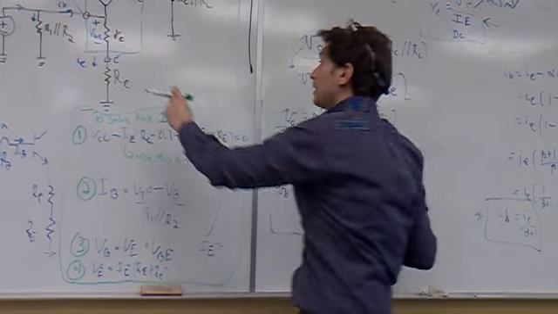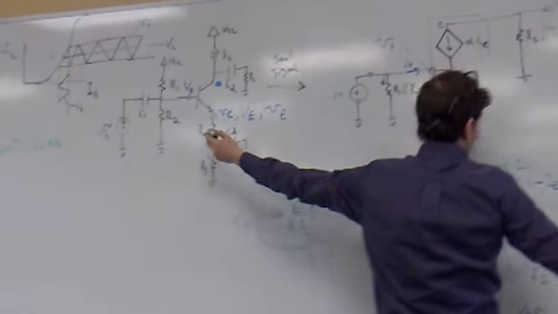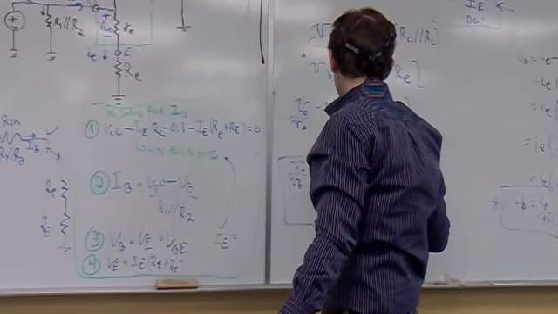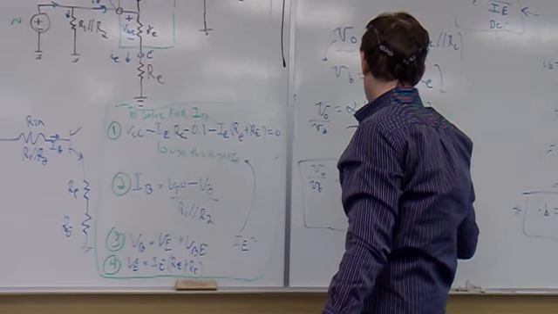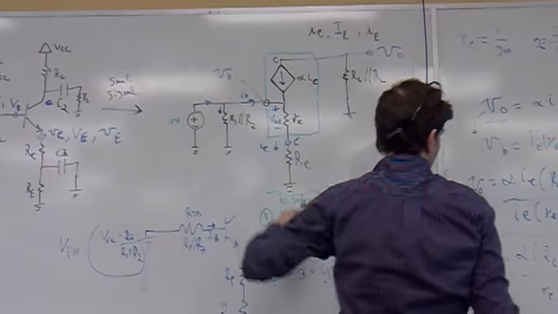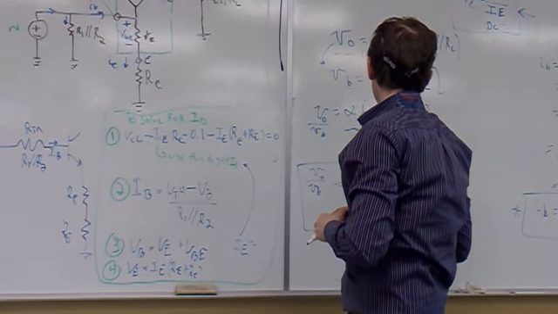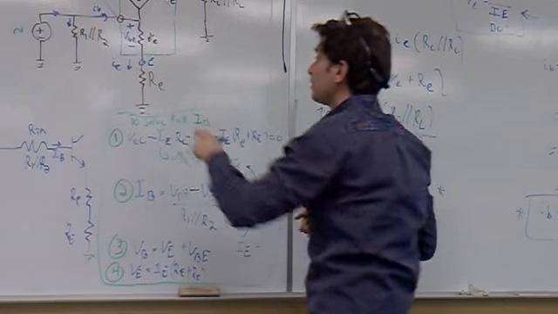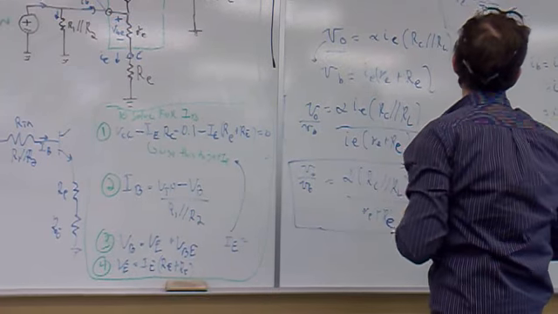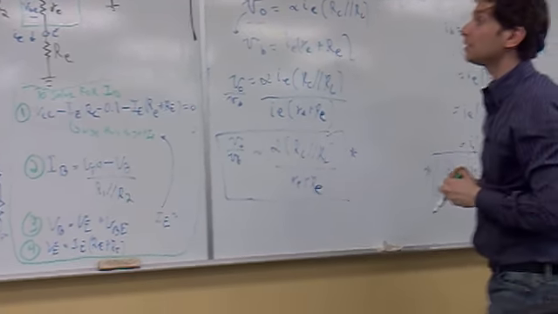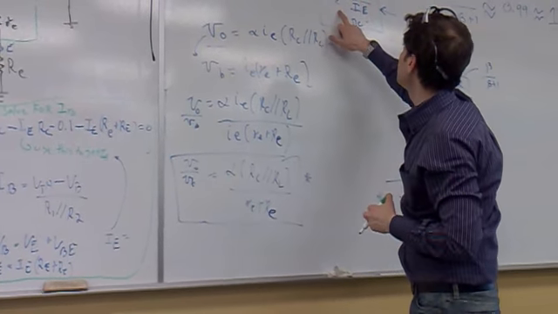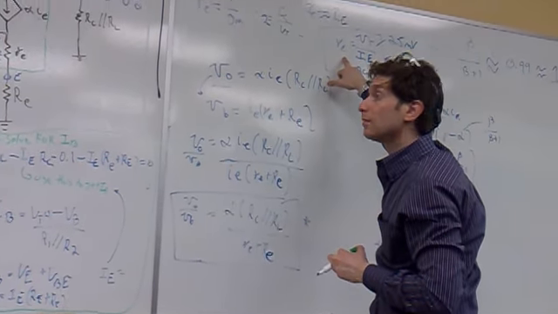What happens if this RE is bigger? If this RE is bigger, my gain would be smaller. So we need to keep this RE small enough. But it needs to be big enough so that this little re doesn't get too small.